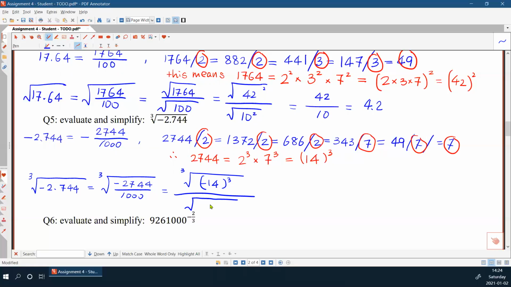For the denominator, 1000 is 10 to 3 times, right? Okay, now the exponent can be canceled with each other. Okay, we can cancel 3 here, cancel 3 here. Then it gives us minus 14 divided by 10, which is minus 1.4. Okay. Any questions? This is our final result.